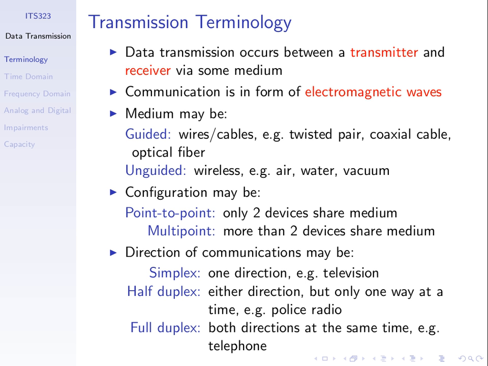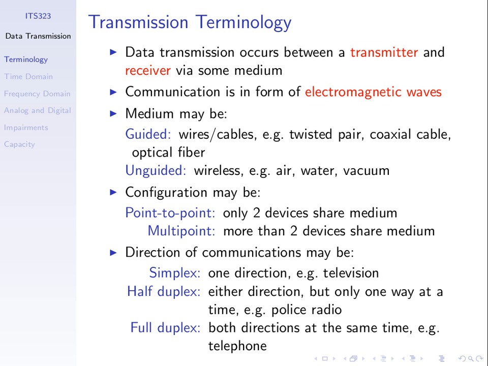And it may interfere with other transmitters and receivers nearby. So wireless is considered unguided and wired communications guided. And some examples of unguided medium: we transmit across the air, through water, in a vacuum, in an ideal situation. That's simple, the types of medium.